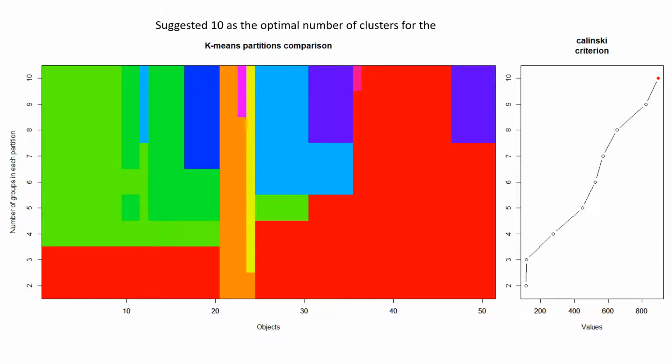Because we want to be more certain, we proceed to use another method, the Calinski criterion, to determine the optimal number of clusters for the Lending Club data. And the Calinski criterion suggested that 10 is the optimal number of clusters for the Lending Club data.